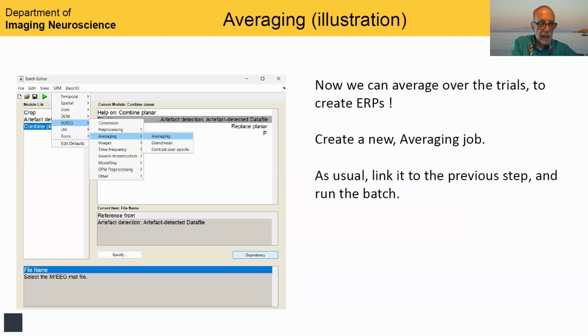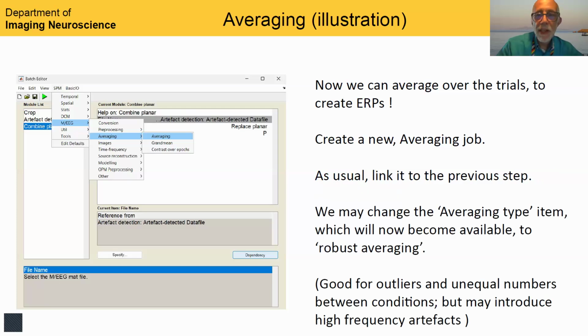But it's very nice to see here. So, as usual, create a new module by clicking MEG averaging as it shows on the screen, and link it to the previous step using the dependency button in blue on the screen.